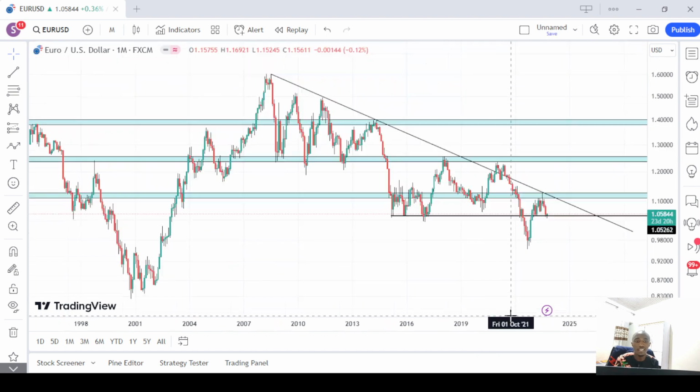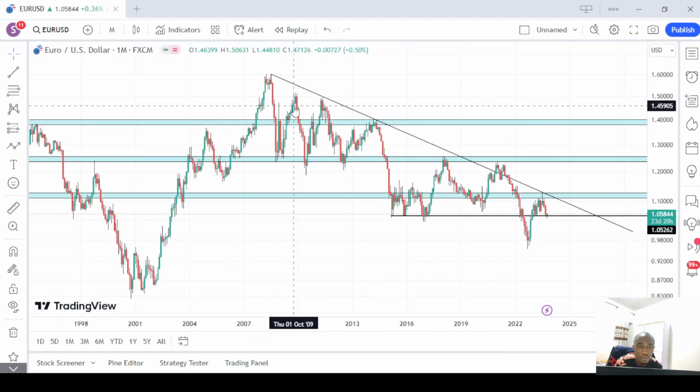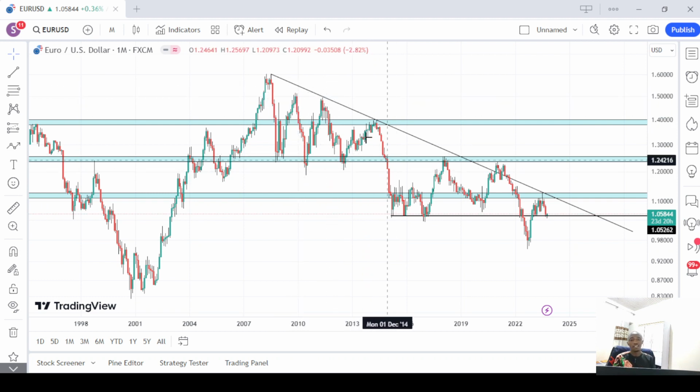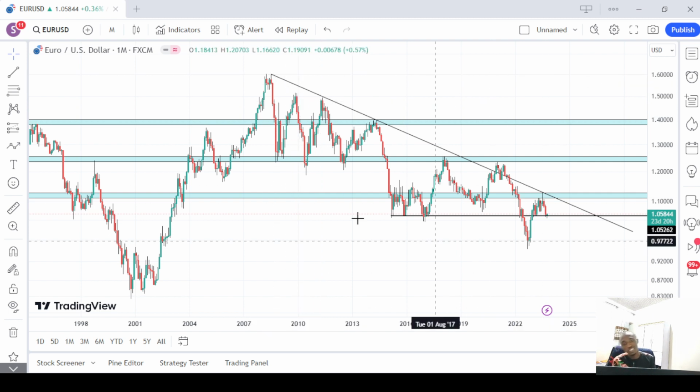And please, I'm sorry, I made a mistake here. I said high lows. This is a lower high, because in a sell trend it's lower lows and lower highs.